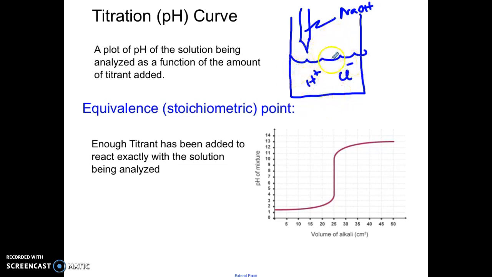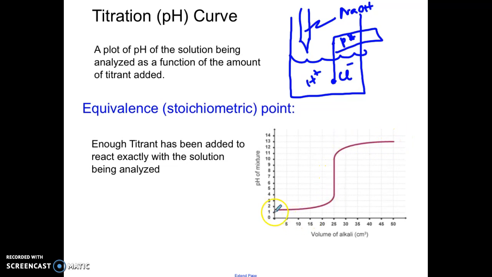What you'll be doing is measuring, so I'm going to put a pH meter here, the pH as a function of adding this sodium hydroxide. As you're increasing the amount of sodium hydroxide, the pH is going to change.